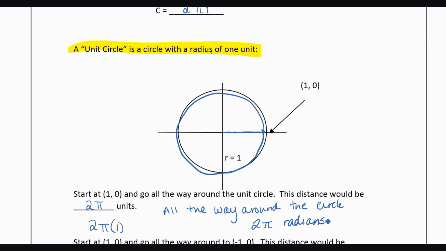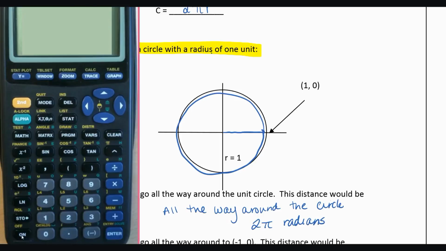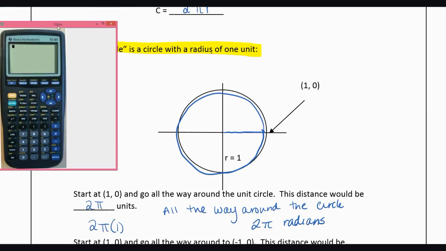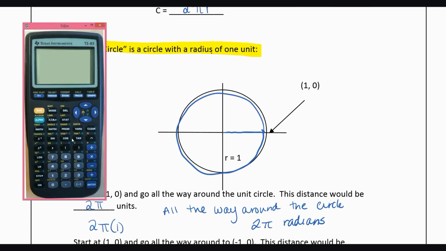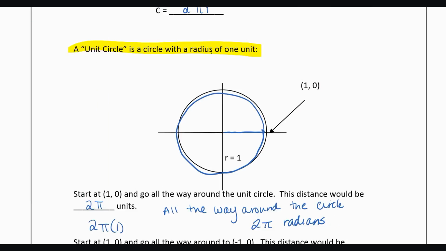Now remember that pi is a number, 3.14. So if we want to approximate what 2 pi is, you'd see that this is about 6.28 radians.